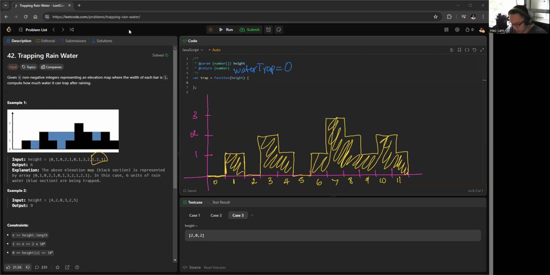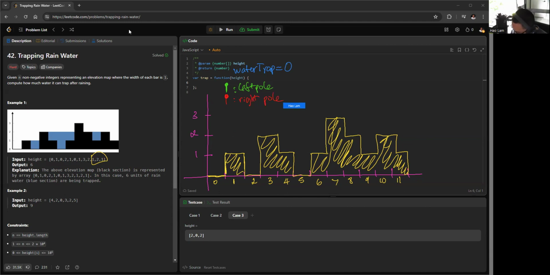If the whole array only has 1 positive pole, or 0 positive poles, it is impossible to trap water. So we can find the first non-zero pole on the left and the first non-zero pole on the right, and we can use a greedy algorithm to calculate the water trap as we iterate from left and from right. I can denote the green here as the left pole, and the red here as the right pole.